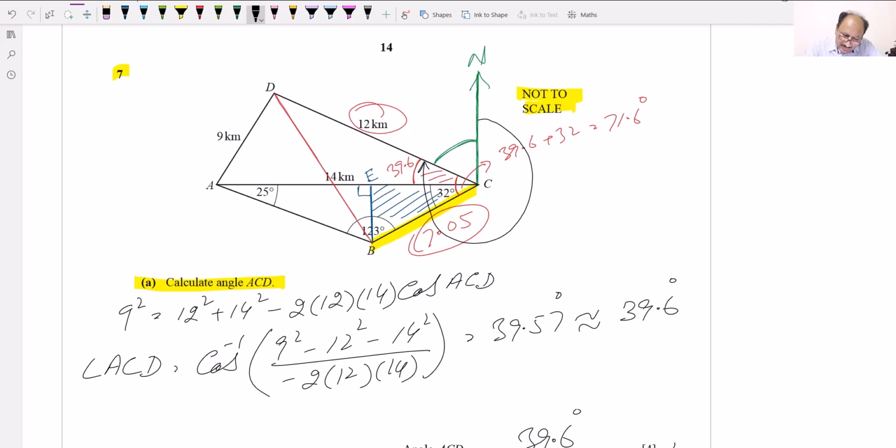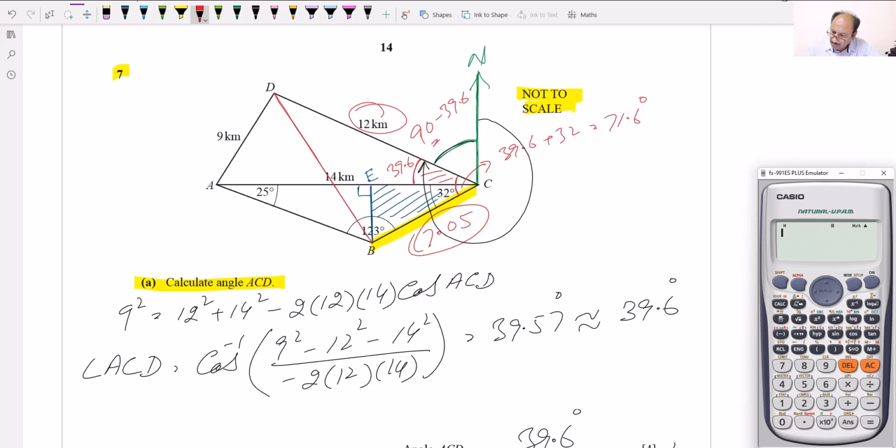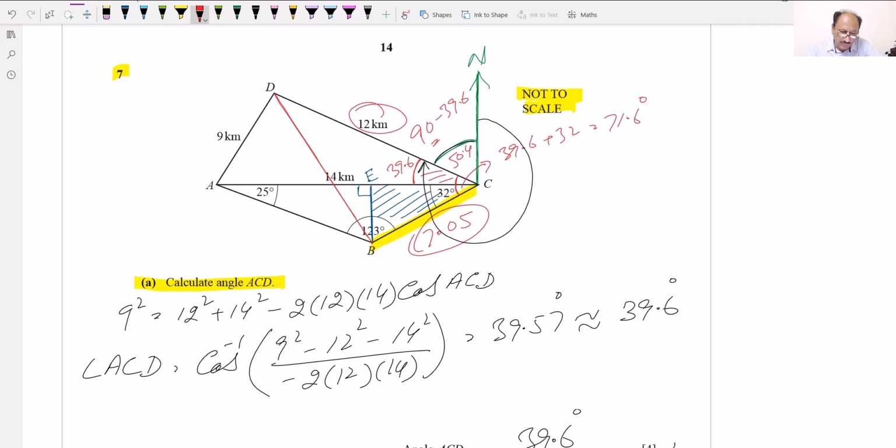So this angle we will calculate, which is 90 minus 39.6, and this will be equal to 50.4. So this angle is 50.4.